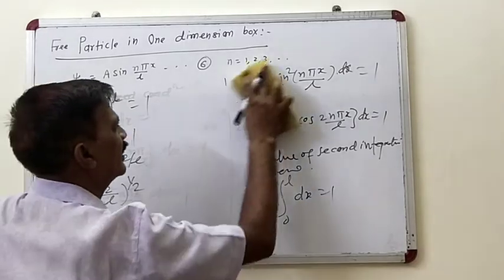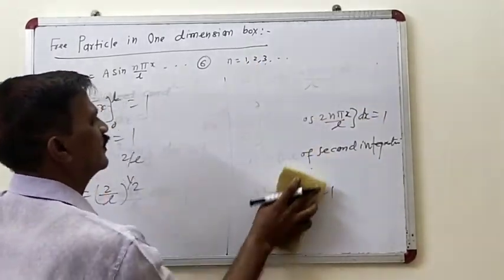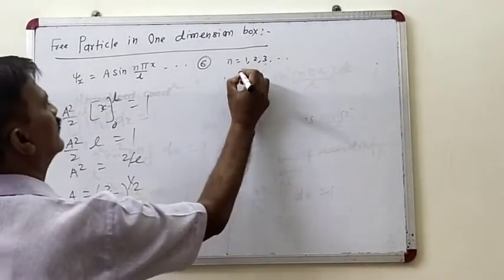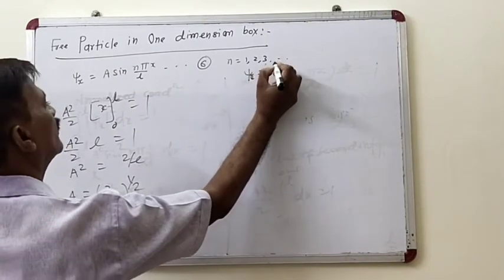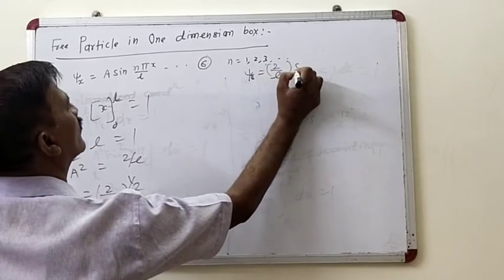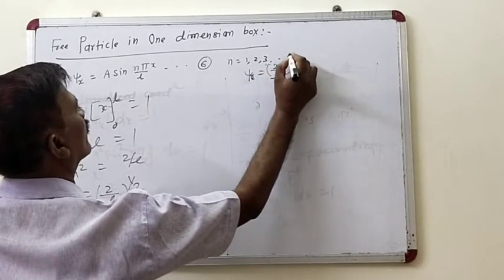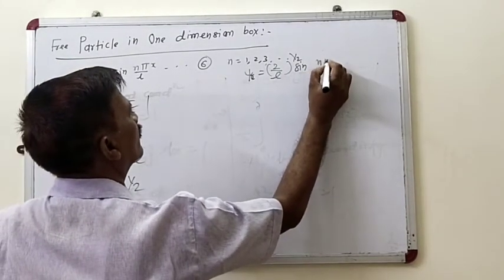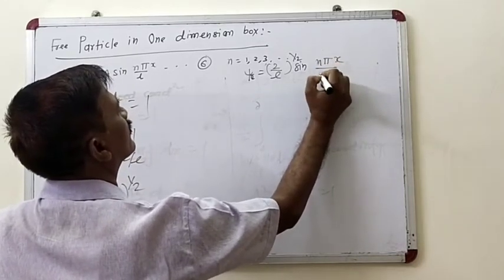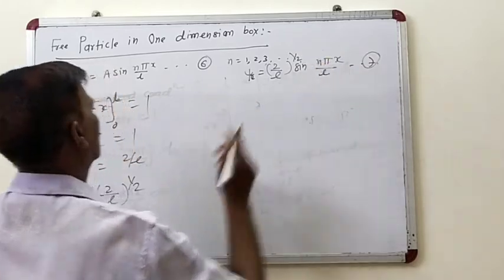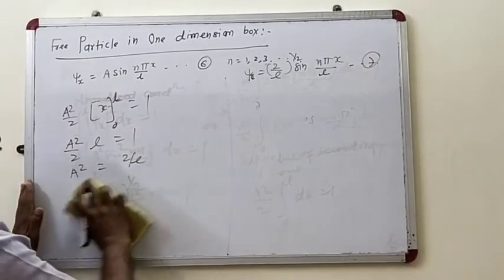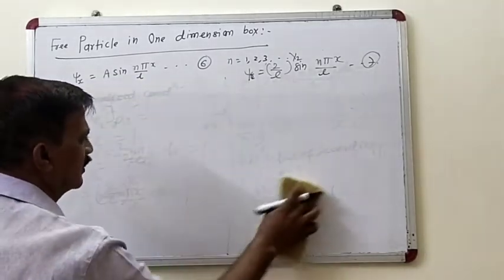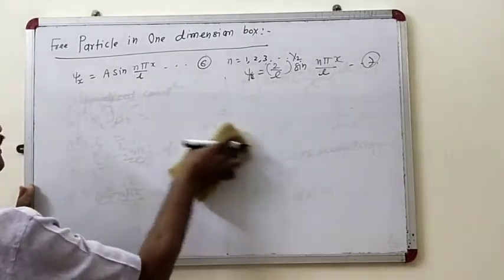Therefore, by putting the value of A, we get the wave function psi(x) equal to (2/L)^(1/2) sin(n pi x / L). Observe equations 6 and 7; they give the wave function of a free particle when it is present in a one-dimensional box.